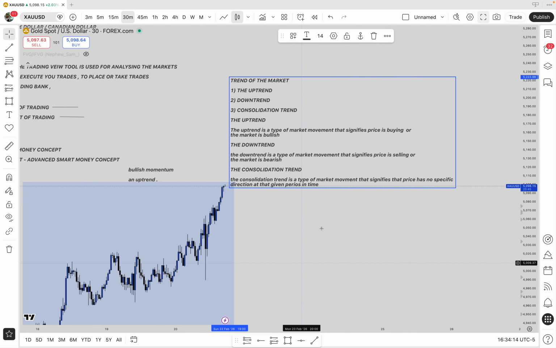What does this mean? It means that price is not giving you the two major movements, which are up and down. Price is just moving in the middle.